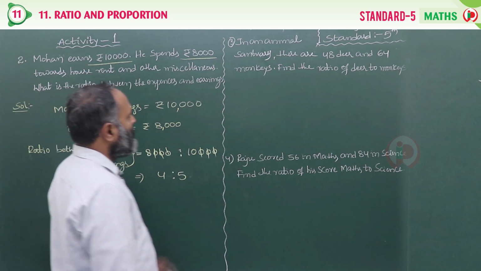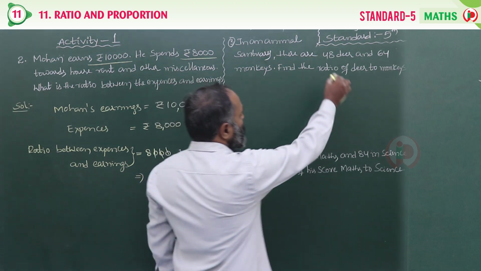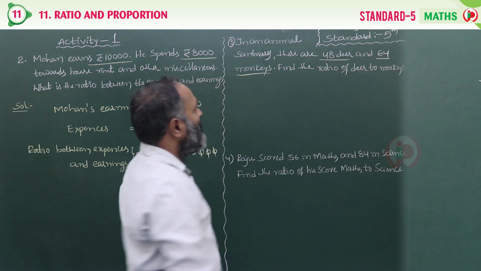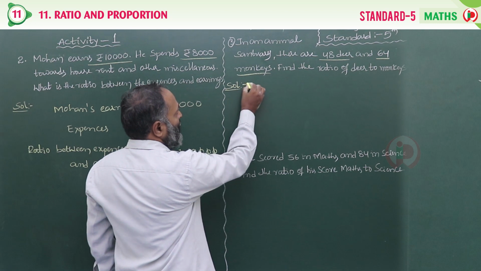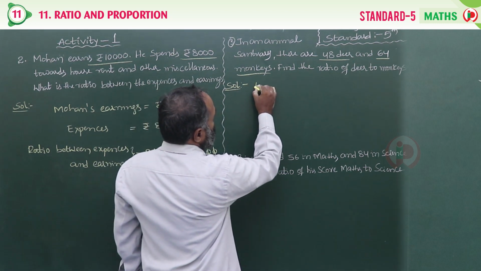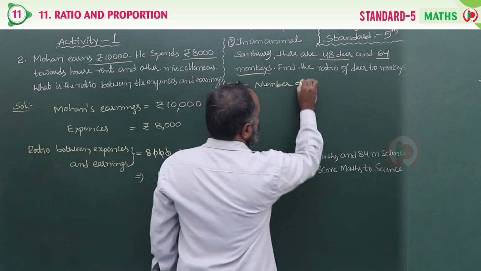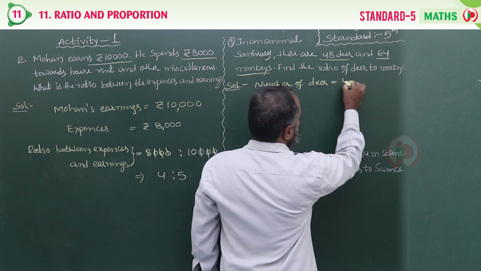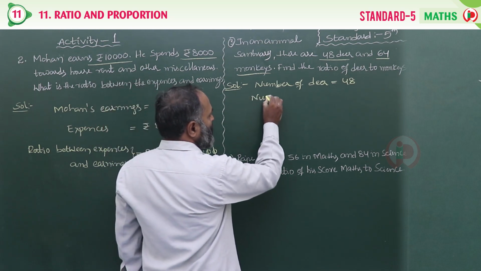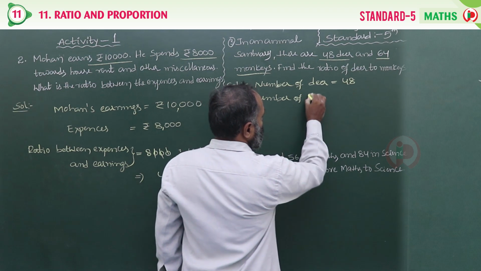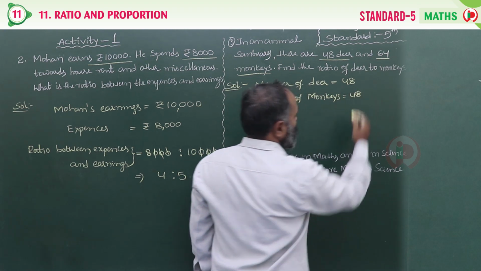So now, in the third question, in an animal sanctuary there are 48 deer, 64 monkeys. Find the ratio of deer to monkeys. Now here, number of deer, 48. Number of monkeys, how many monkeys? 64.